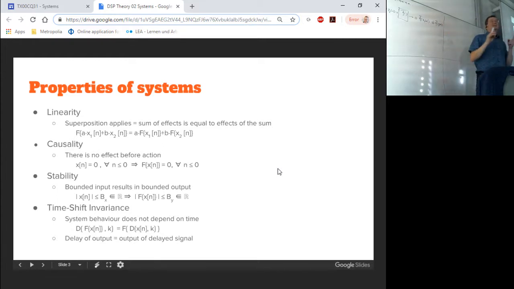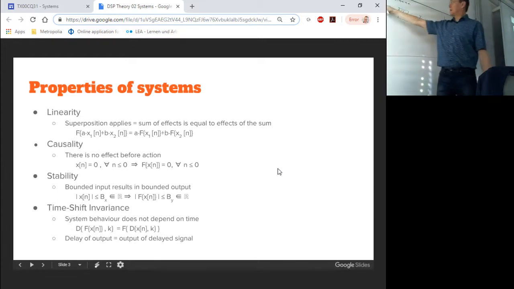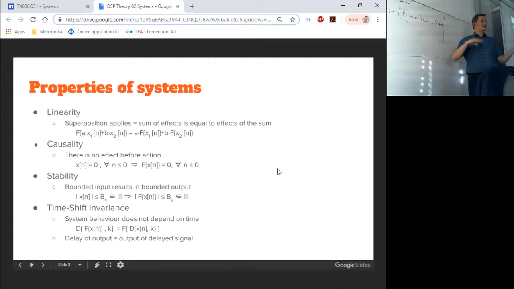So you can actually separate these different signals, feed them through the system and sum the output. It's exactly the same.